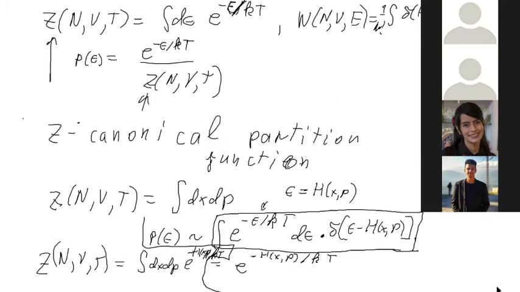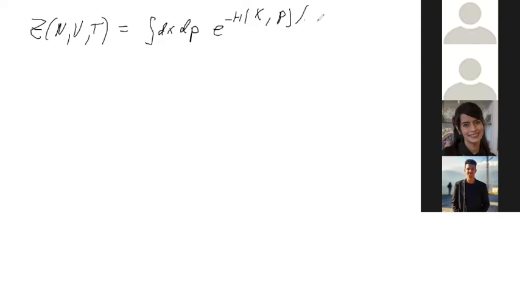Okay, let me write it again. So Q at NVT can be recast as the integral over dx dp of e to the minus H(x,p) over kT.